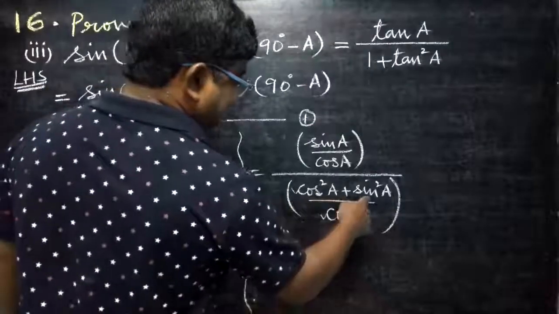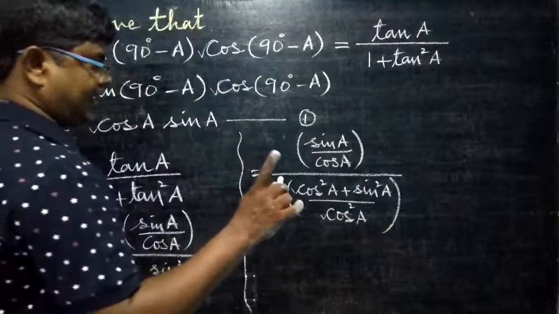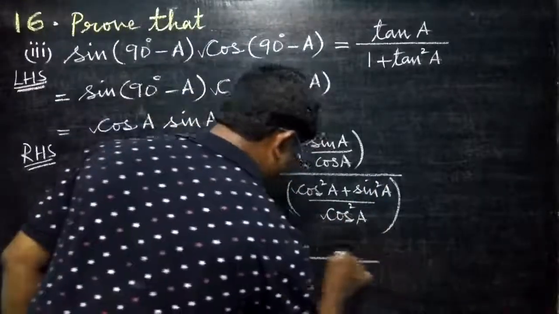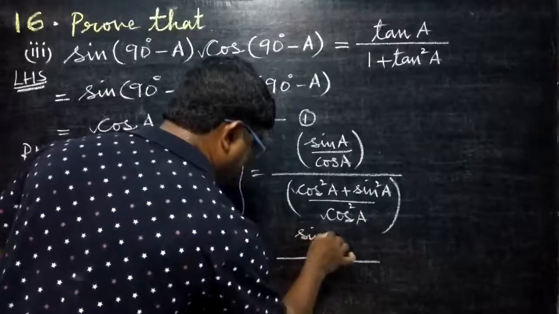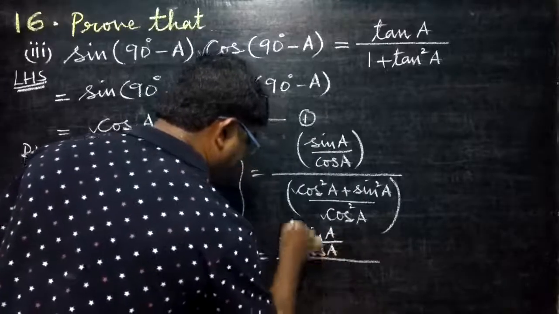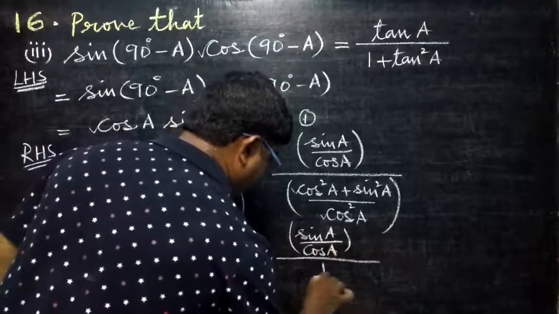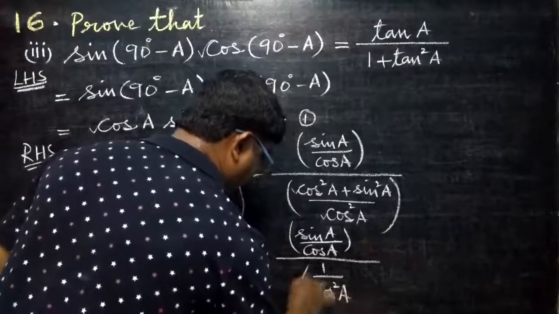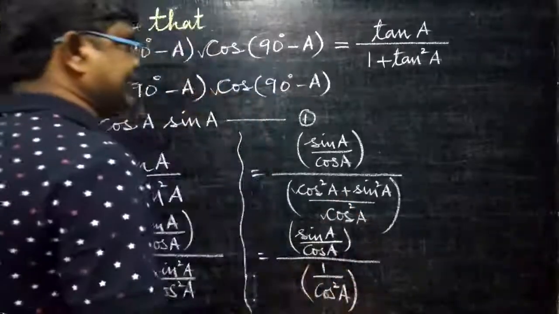Cos square A plus sin square A, how much? 1. Why? Identity. So that is equal to sin A by cos A divided by 1 by cos square A. How did we get 1? Identity.